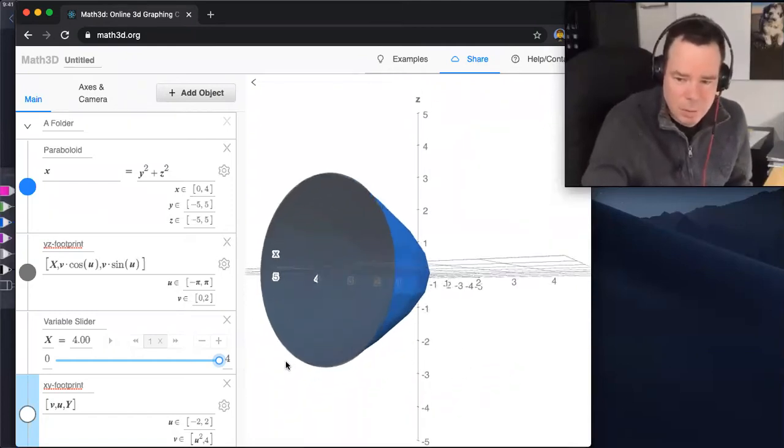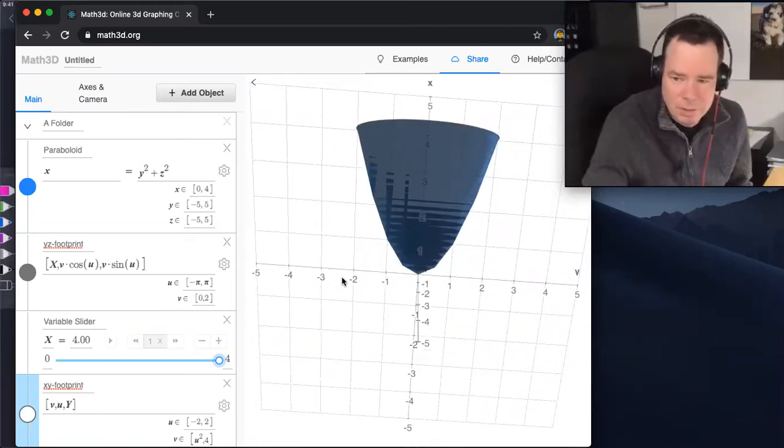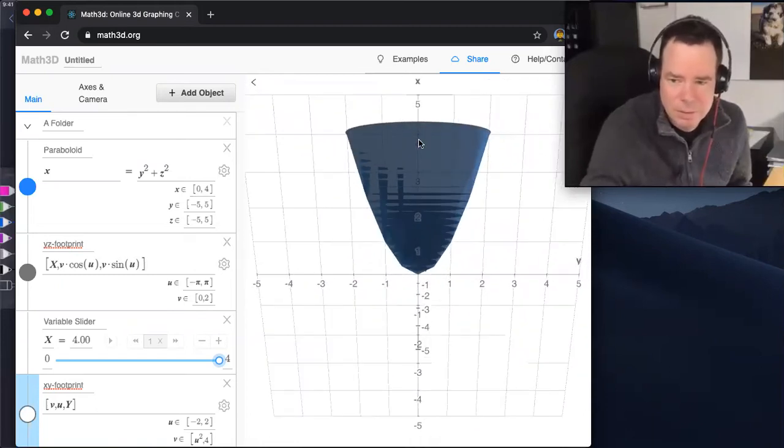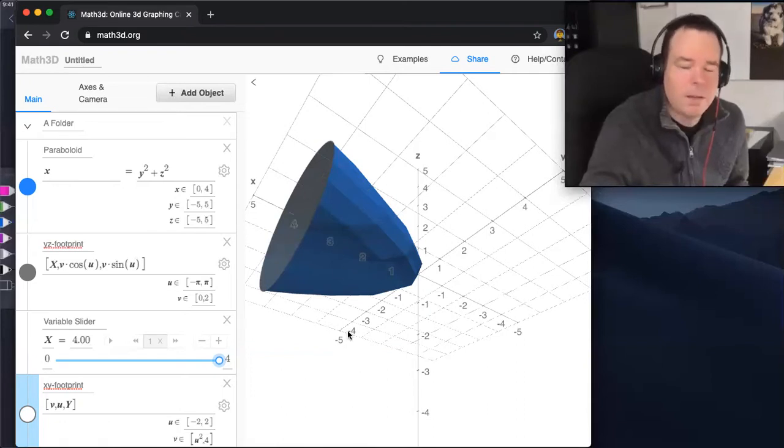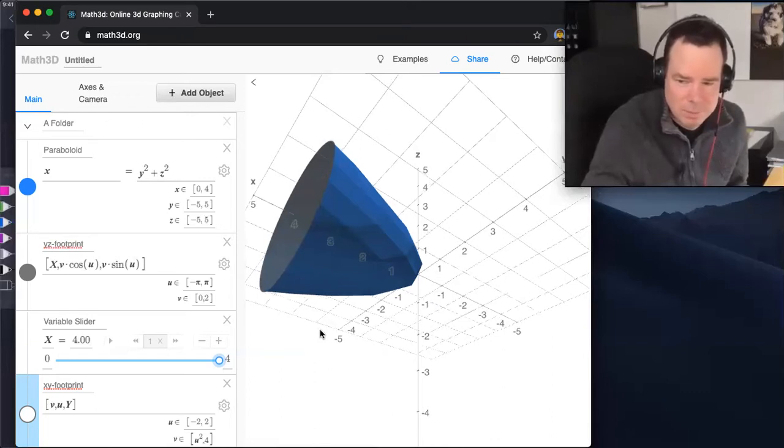So I'm really thinking about this as situated like this, with the x direction moving in that positive direction. So the bottom, if I'm now thinking of this as a shape, all this blue stuff is the bottom. It's like my bowl that's containing a bunch of liquid, and the top is this end cap. So the bottom is the smaller x values all the way up to the top, which consists of the larger x values. And there are no sides to this object. There's only bottom, which is the paraboloid, and top, which is the end cap.